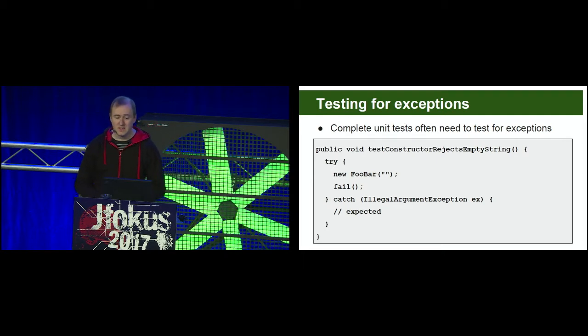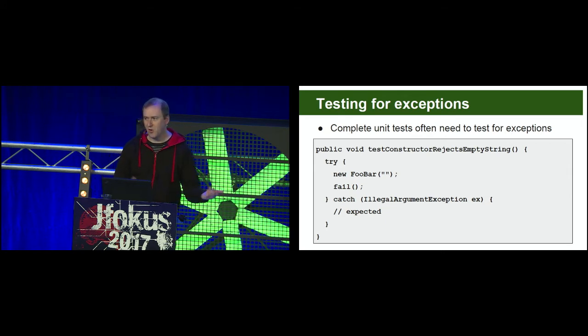So unit tests, you can obviously get this same pattern which we've seen. This is the JUnit 3 pattern, where you have to do try, catch, create your thing, fail if it succeeded, expected if it continued in the catch block, all very messy. With JUnit 4 and TestNG, you had annotations to represent this.